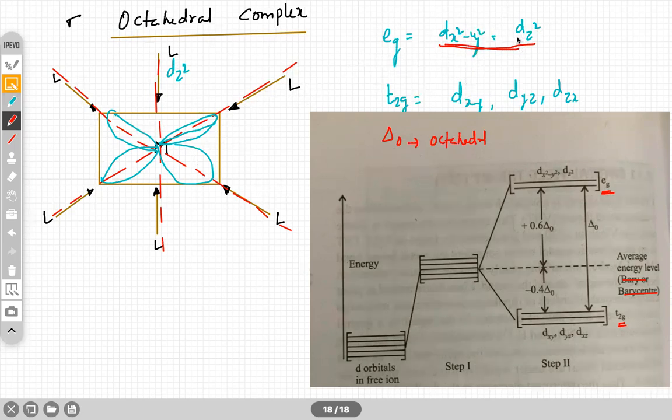That's why in these two orbitals we have maximum repulsion. So we are trying to understand this in a different way, but the actual thing is ligands are randomly approaching the metal, and whatever arrangement of ligands in space provides the minimum energy to the complex and maximum stability will be the geometry of the complex.